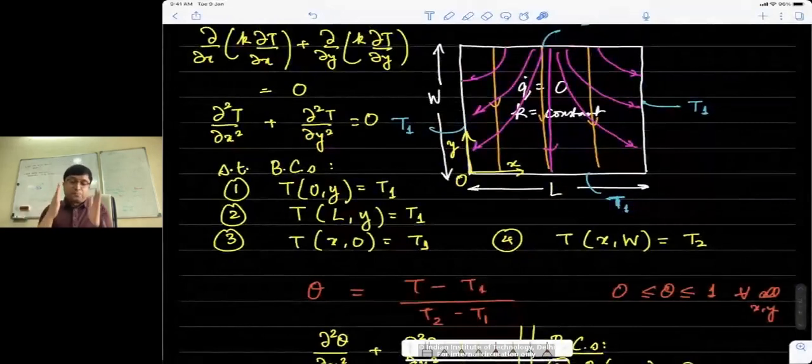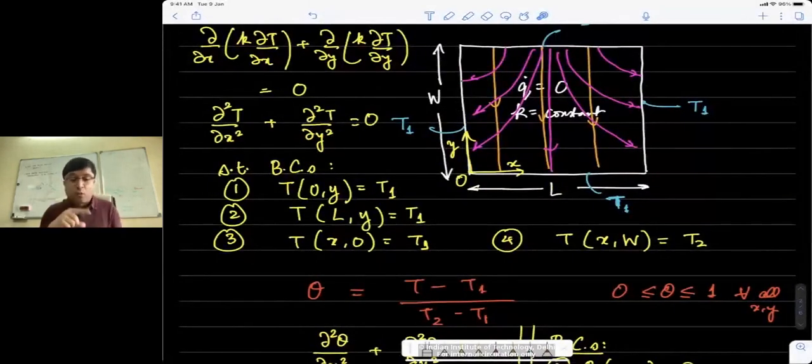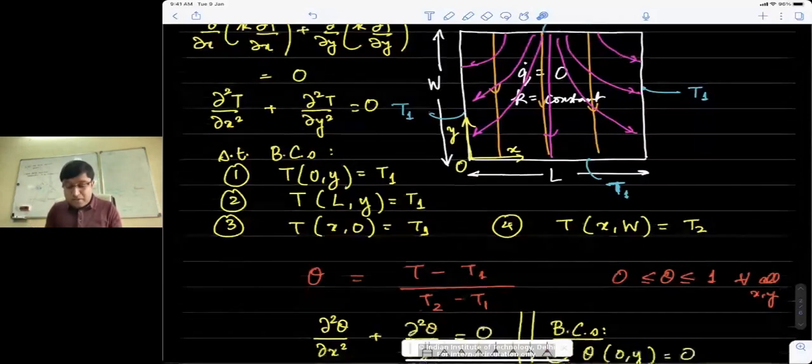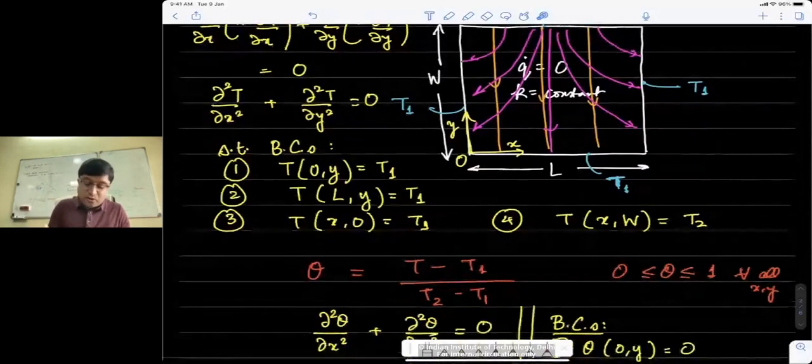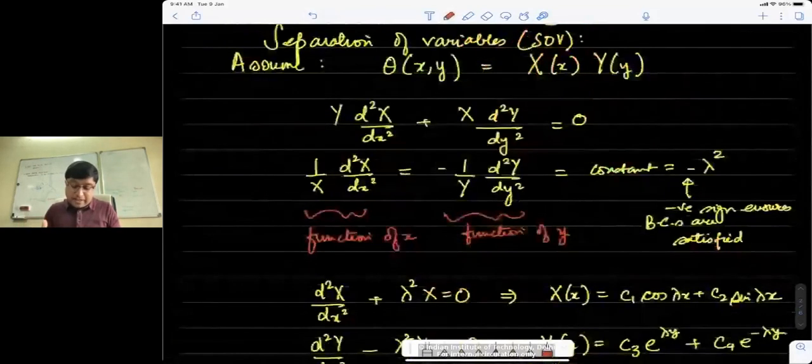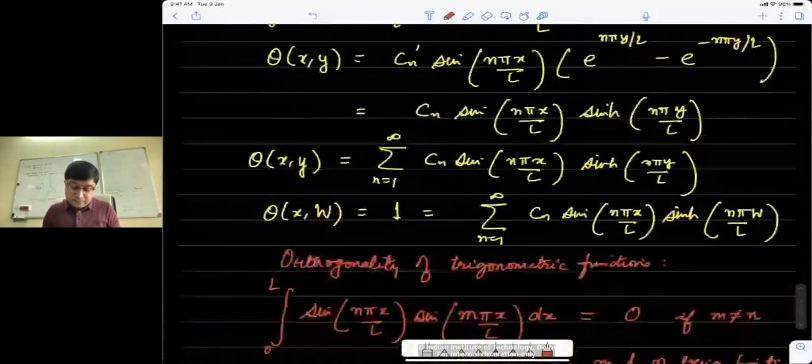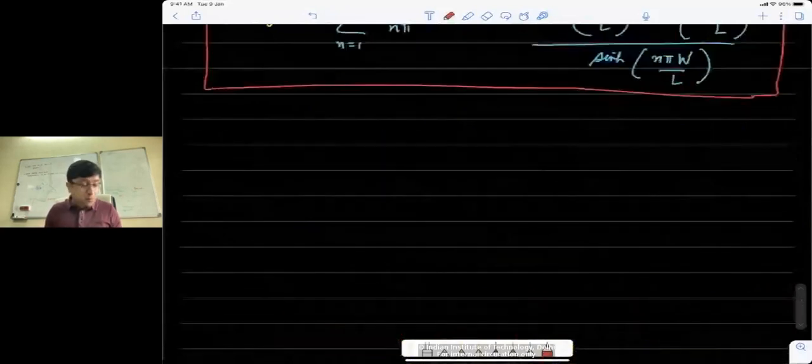I could divide the problem into two problems, each having only one inhomogeneity in the boundary condition. Then when I get two solutions, I can combine them to get the solution to the original problem. If it makes sense, good. If it doesn't, that's okay. You don't lose anything. You may see this one day if you take a higher level course on heat transfer. So the method of superposition is always there.